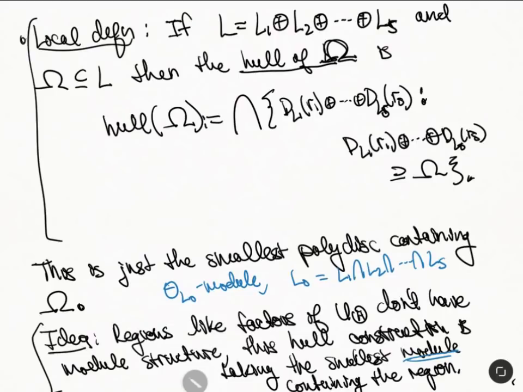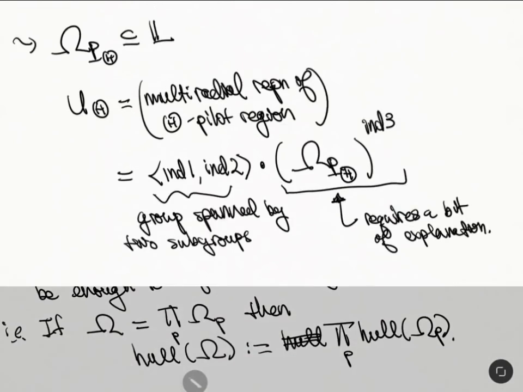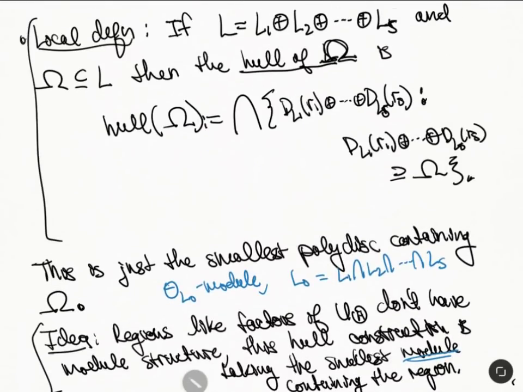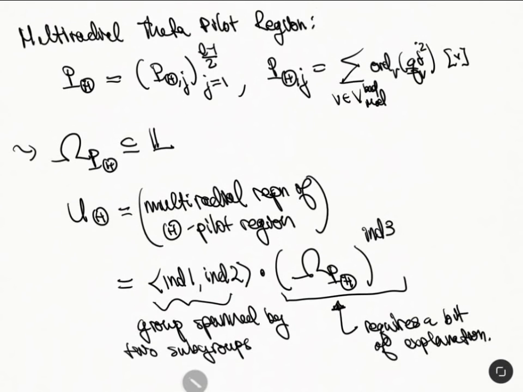Using this hull construction, it theoretically allows you to compare this region U theta to another region associated to the divisor PQ.